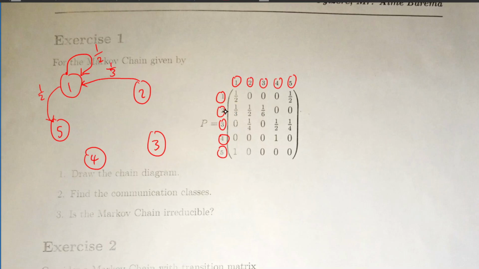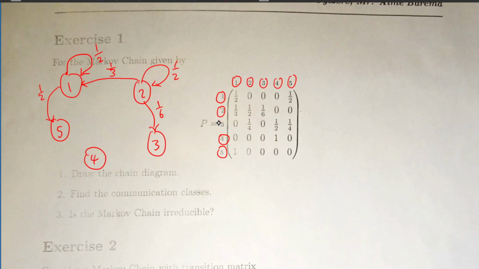Moving from 2 to 2, so looping from 2 to 2, there is a probability of 1/2. Moving from 2 to 3, we have a probability of 1/6. Moving from 2 to 4 is 0, 2 to 5 is 0.